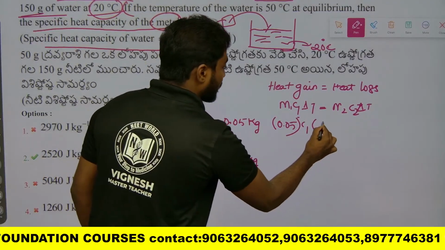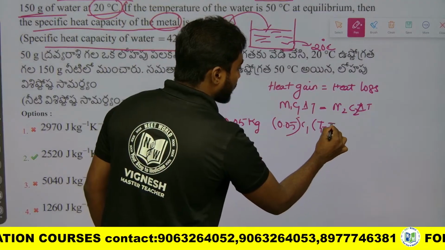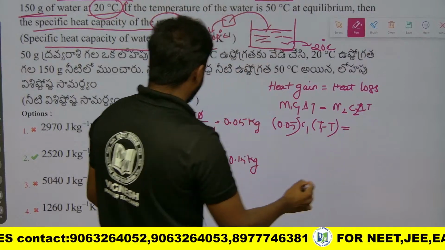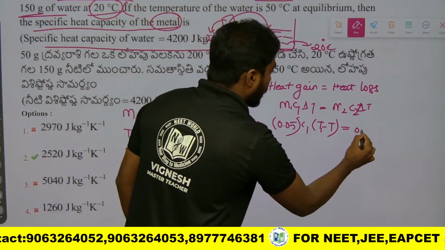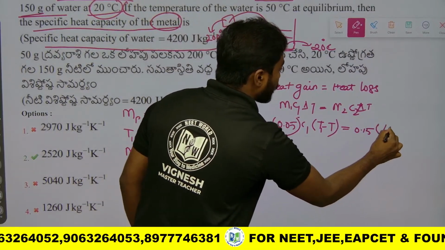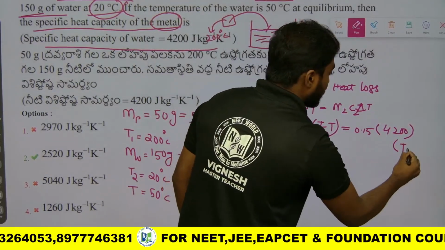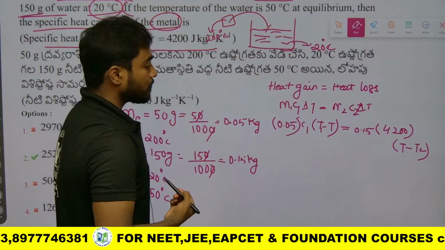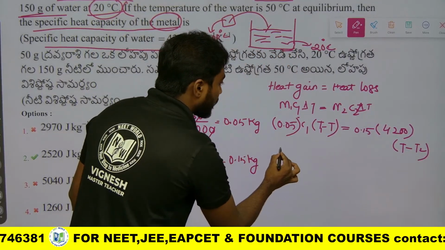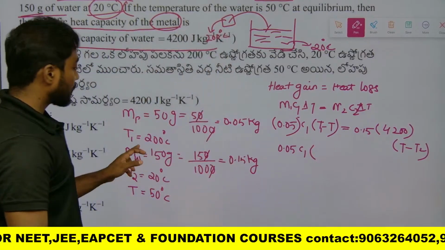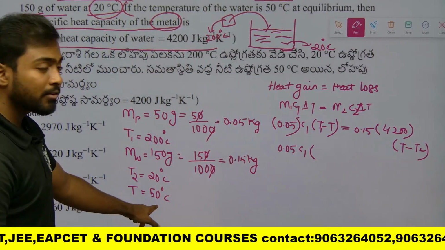This delta T is T1 minus T. T1 minus T is equals to mass of the water is 0.15 kg, C2, that is 4200, and delta T here is T minus T2. Okay. So 0.05 C1. What is T1 here? 200 degrees Celsius. T is 50.